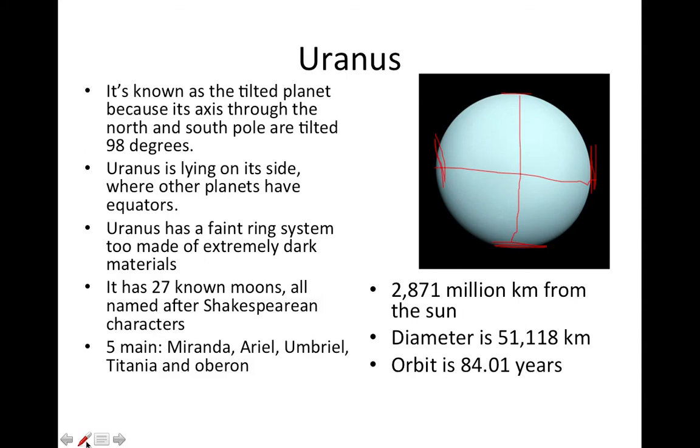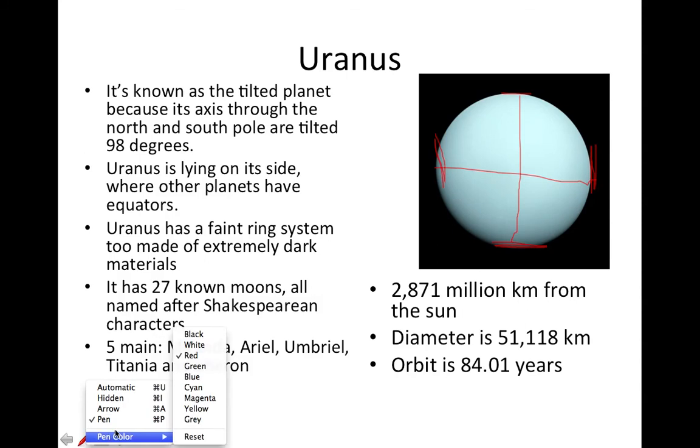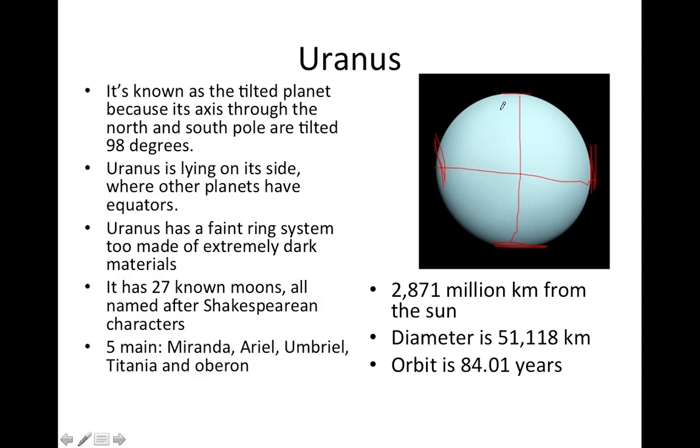All right, so if I get a different color, Uranus runs this way and its poles are here. So it's actually a planet lying on its side, while the other planets lie top to bottom. Uranus is lying on its side.